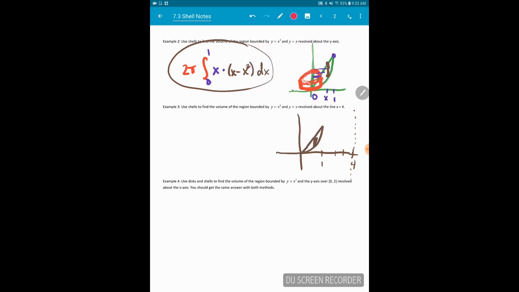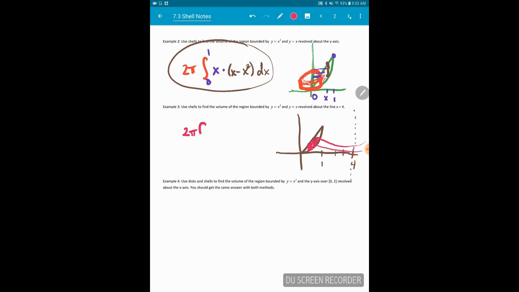But when I rotate it, it's going to go way around over here. So I'm going to have this same rectangle that I had over here, but it ends up getting swept over a much, much bigger portion of space, and so therefore the volume should end up being a lot bigger.